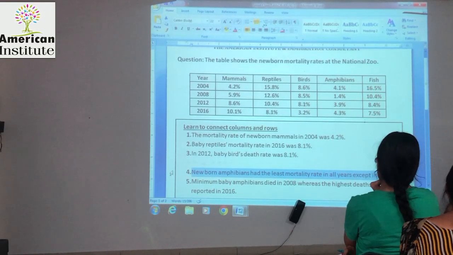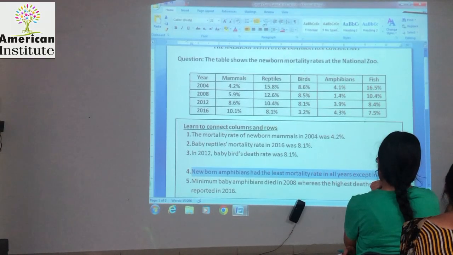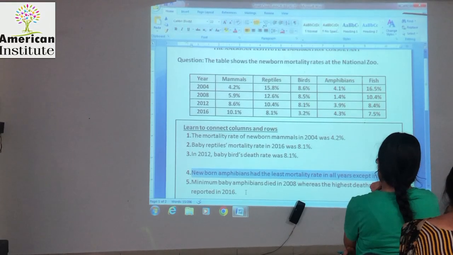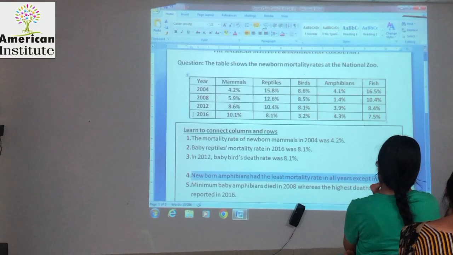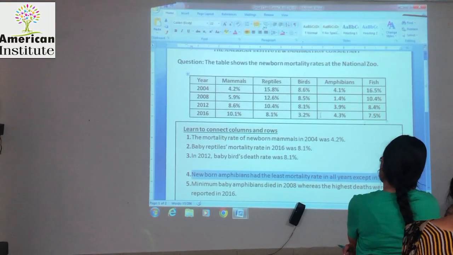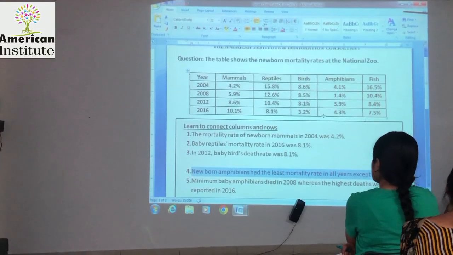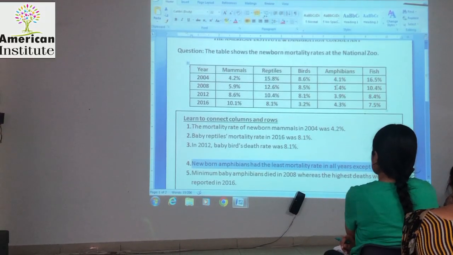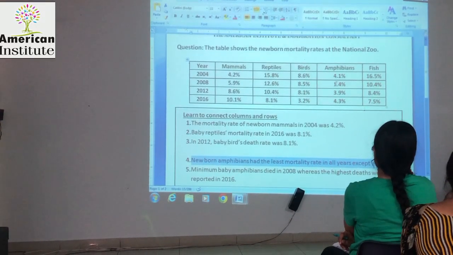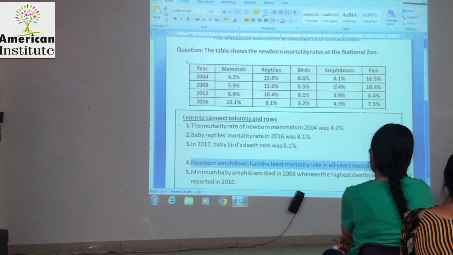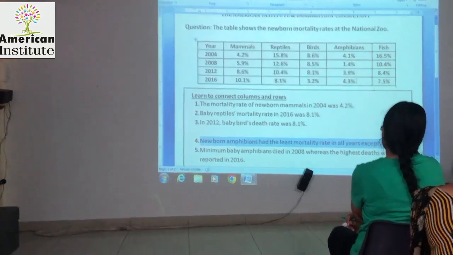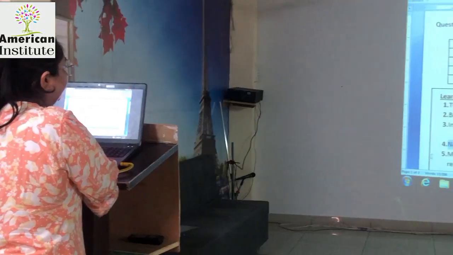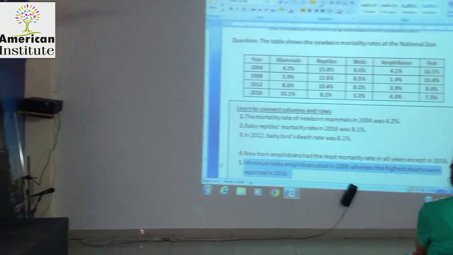Yes, ma'am. Okay. Now look at 2016. Beta, in 2016, the minimum baby amphibians died in 2008 and the highest death rate was in 2016. In 2016, the amphibian death rate was the highest, and we put it into a line.